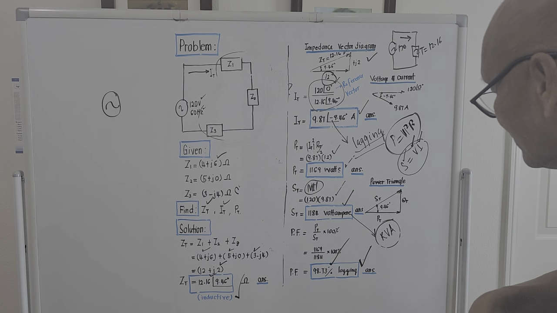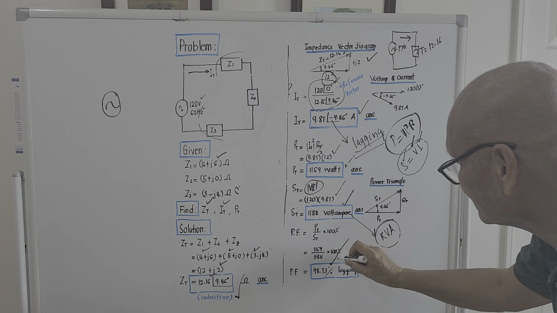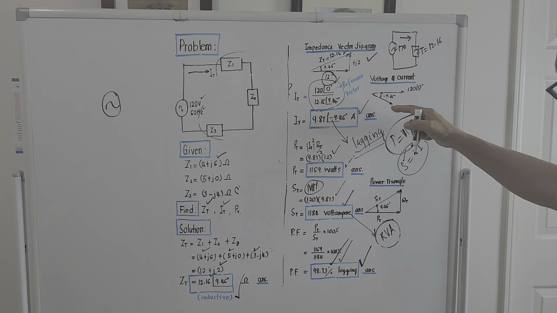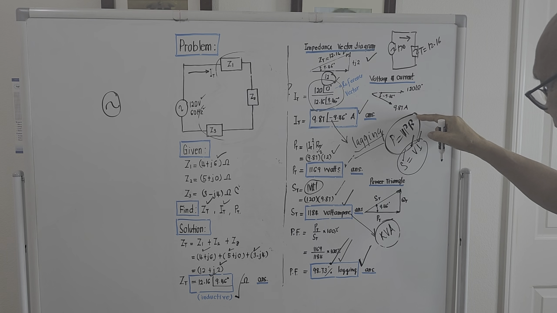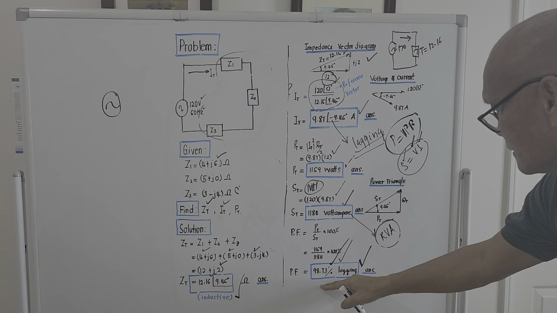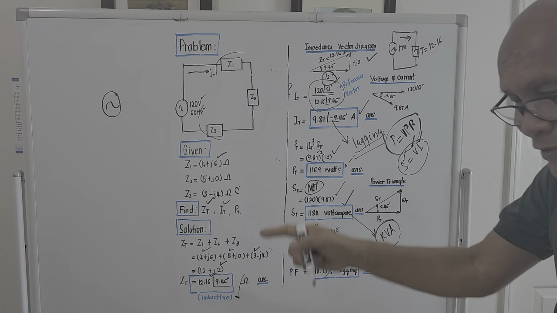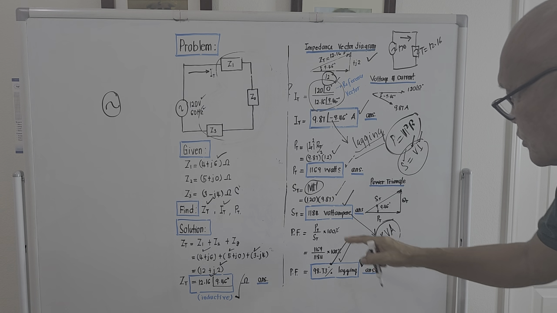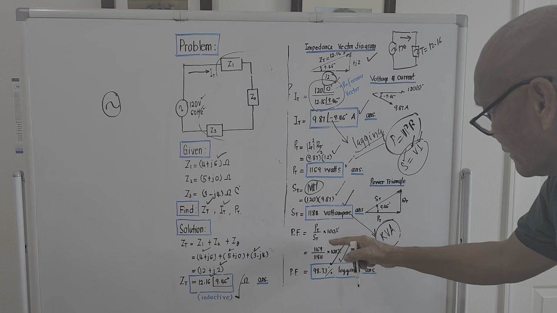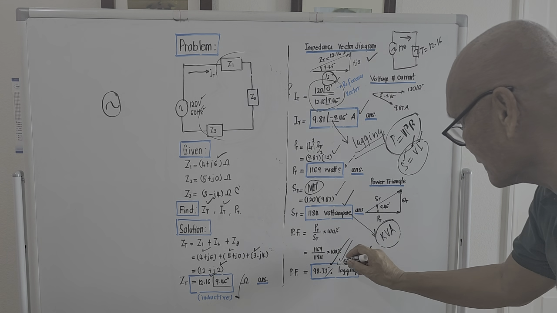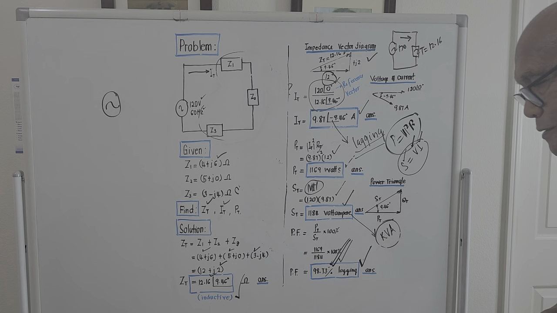It's the same as this one. That's one definition of power factor. It is the cosine of the angle between the voltage and the current. It is still the same as 98.7%, or the other definition, it will be the ratio of the true power over apparent power times 100%. And if we try to take the ratio, it is still 98.7%.